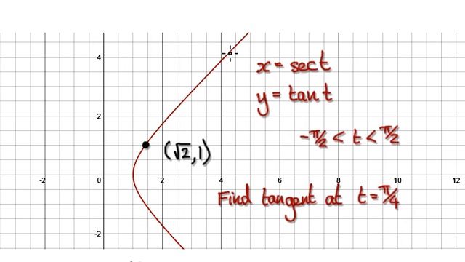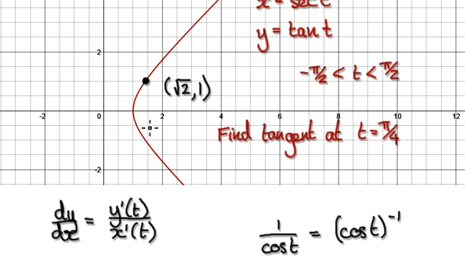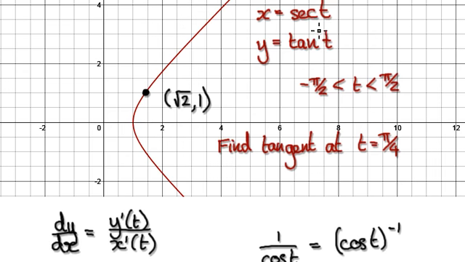To find the equation of the tangent line, we need to know the gradient at that particular point. We have the x coordinate, we have the y coordinate. We now need the gradient at that point. To find the gradient, you simply differentiate this, and then you simply differentiate this.